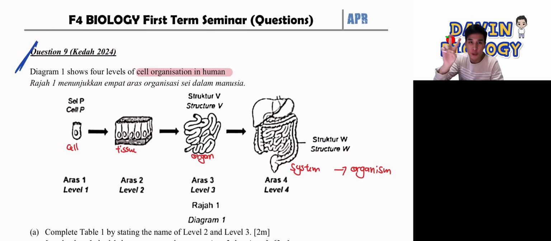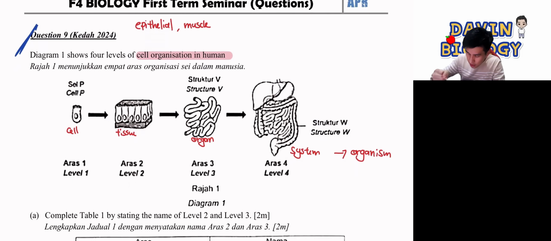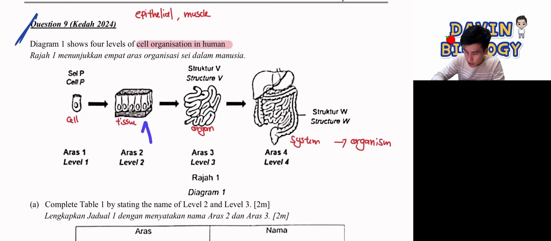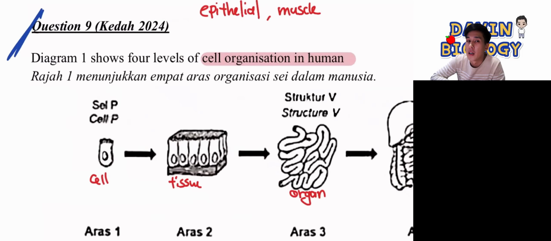There are two main tissues that they commonly like to ask about for this cell organization: epithelial tissue, which means your surface tissue, skin tissue, and muscle tissue. So this tissue, can you tell me what it is? Can you recognize it?